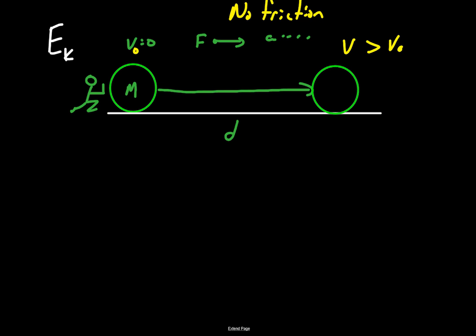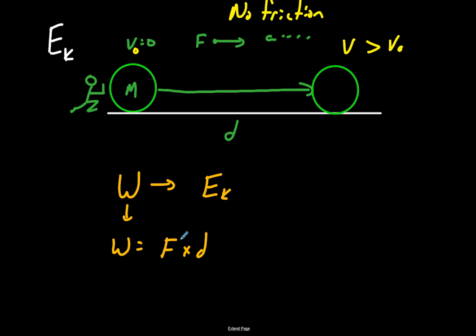Sure. So let's remind ourselves that work can be converted into potential energy, and that our definition of work equals force times distance. I'm going to leave the cosine off right now because we are pushing in the direction of motion. You can put it back on later if you want.